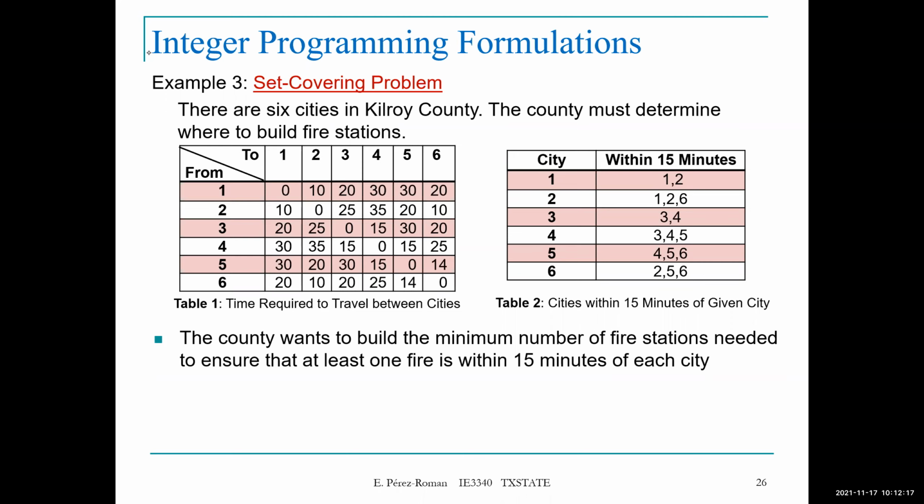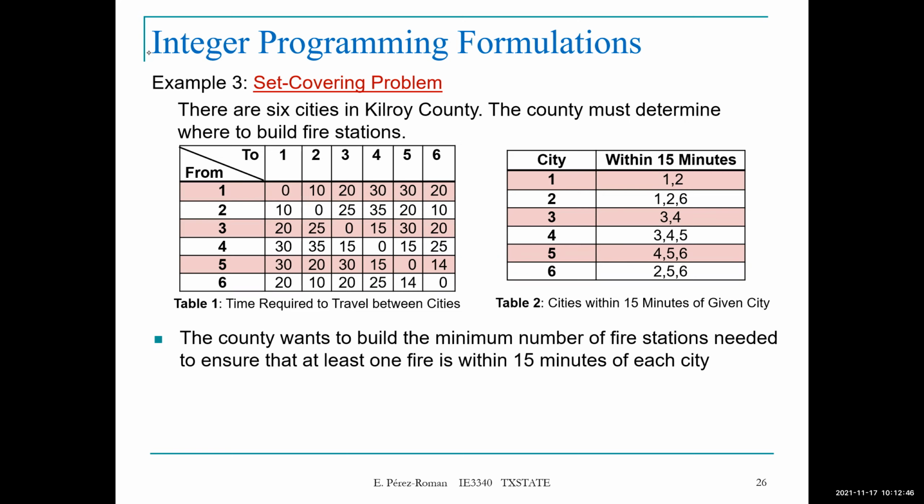It's going to take you 30 minutes to get to 4, 30 minutes to get to 5, and 20 minutes to get to 6. If you place your station in city number 2, it's going to take you 10 minutes to get to 1, 25 minutes to get to 3, and so on. So depending on where you place these fire stations, there are going to be different times to get to those other cities.